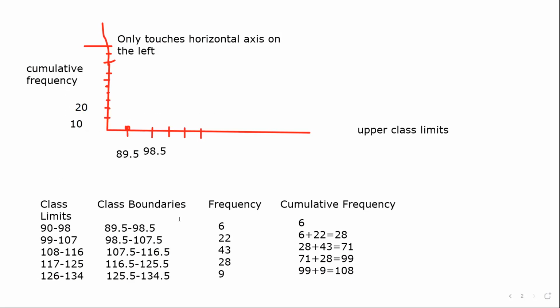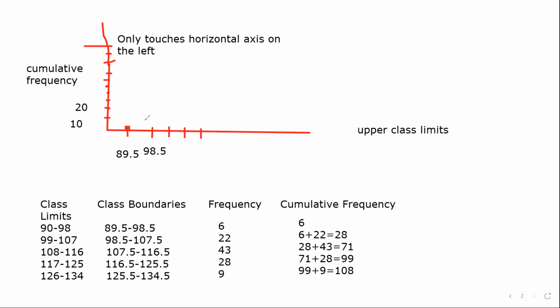So the first one's going to be 89.5 and 0. Because at the upper limit, I'm going to plot my cumulative frequency. So 98.5, and I'm going to plot 6. So 98.5 and 6 is going to be somewhere there, if that's 10.